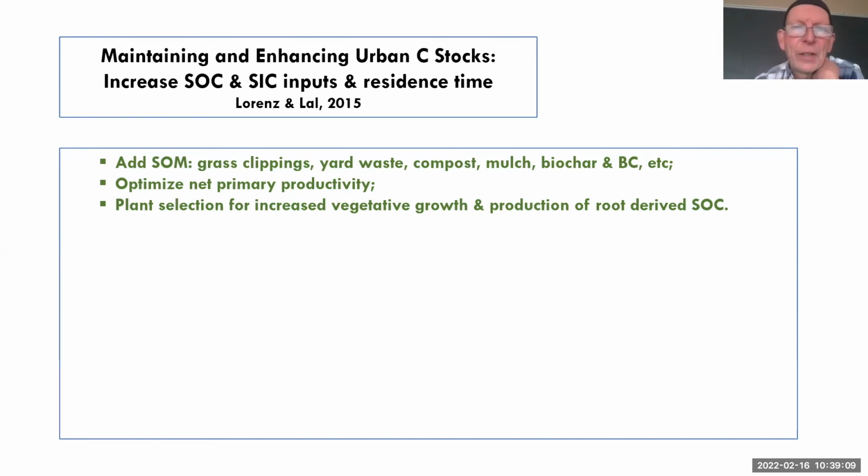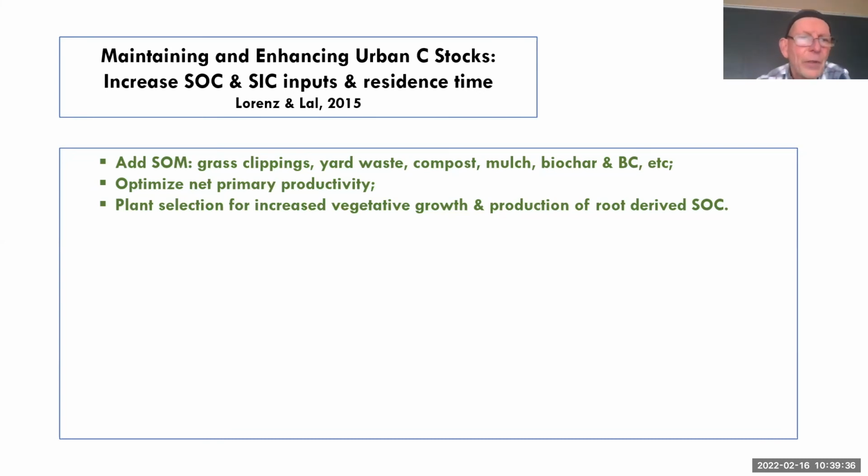Okay, maintaining and enhancing urban carbon stocks. The way to do it, increase both soil organic carbon and inorganic carbon inputs, and try and increase the residence time. And this was from a pretty good paper by Klaus Lorenz and Ratan Lal from Ohio State University. I'll give you a list of papers in a minute.